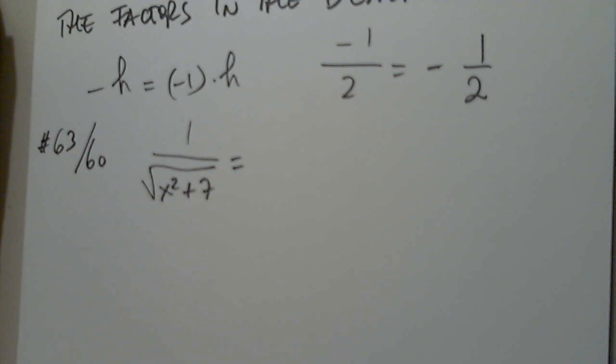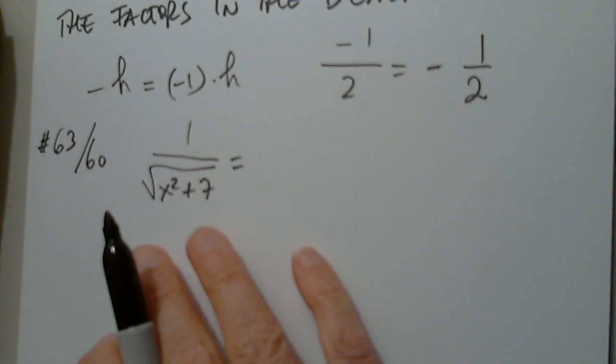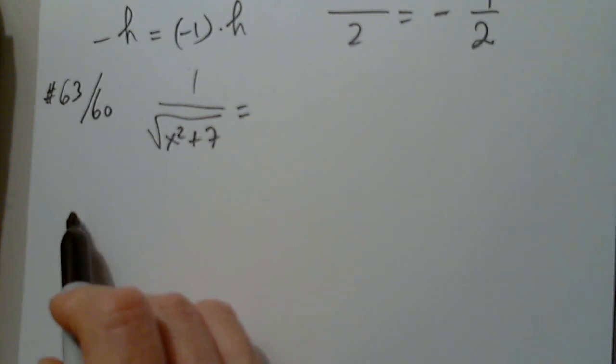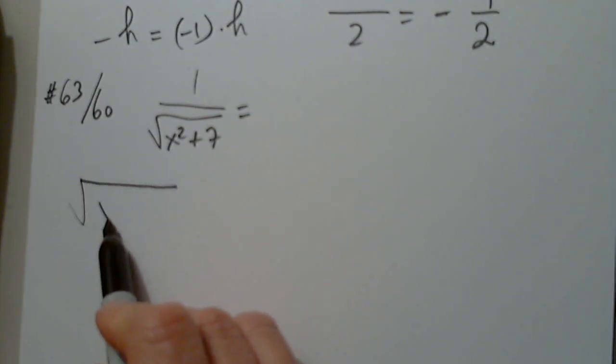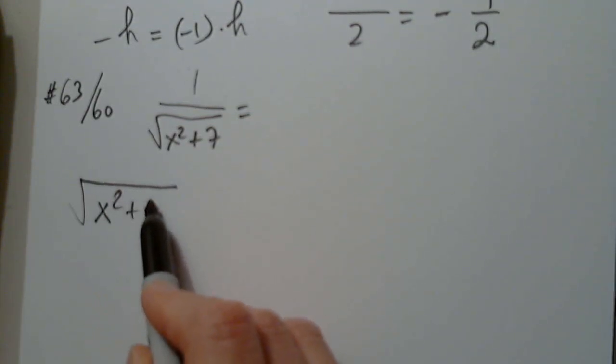Can anyone give us an idea how to change this? What will be the first step? Anyone? Square. You cannot. So let's talk about this. The square root of x squared plus 7.